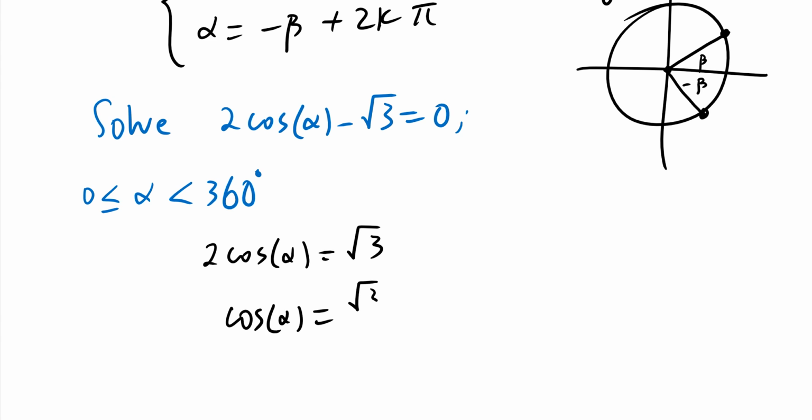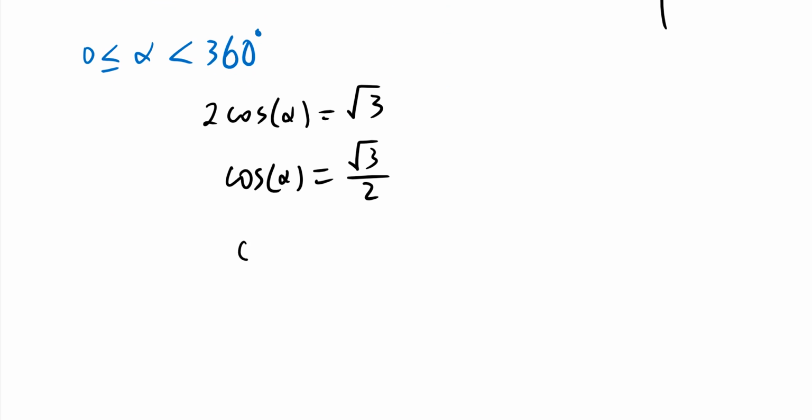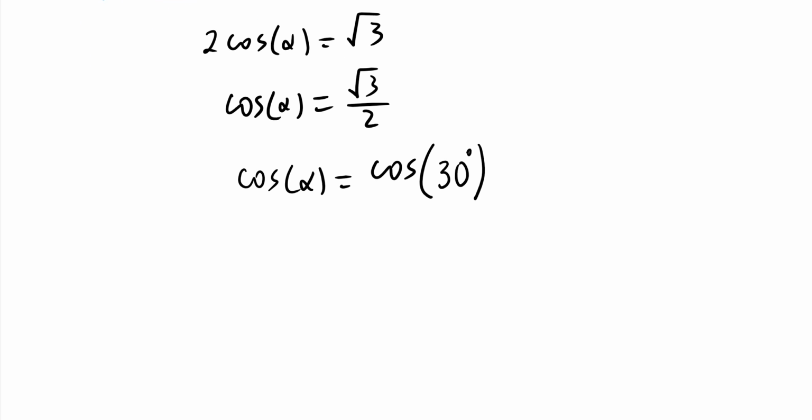So cosine alpha equals square root of 3 over 2. What is the smallest angle whose cosine is square root of 3 over 2? It's 30 degrees. So the angle 30, its cosine is square root of 3 over 2.